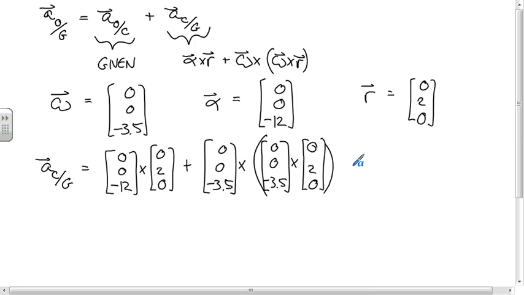Do that calculation and you get a value of negative 24.5, 0. These units are meters per second squared.